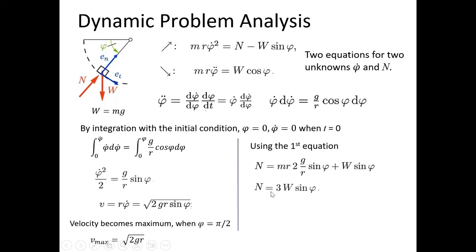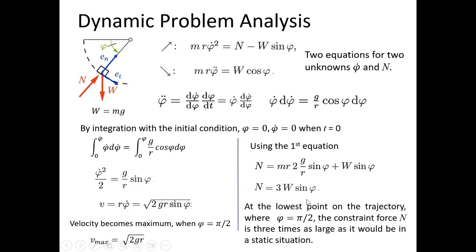So mg is W, and 3W sine psi is what you get as the normal force. You can see now this W is the weight, and due to these acceleration forces, that weight has been tripled. For example, if psi equals 90 degrees, then N becomes 3W. So that is the effect of the acceleration.